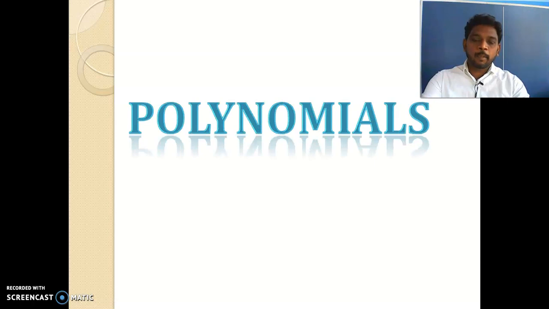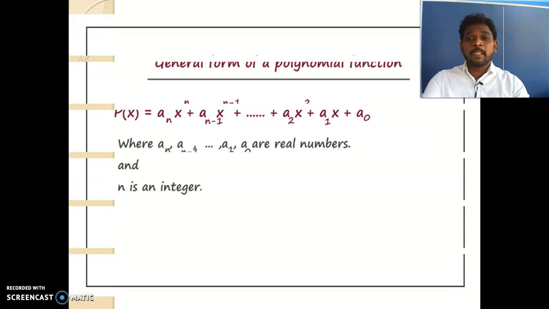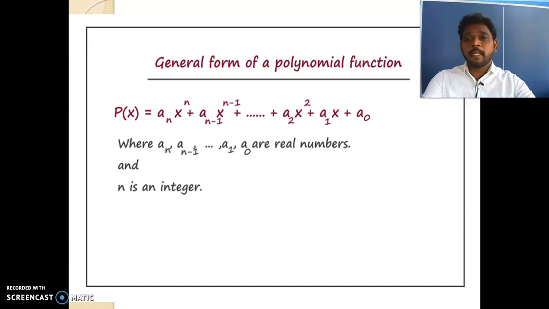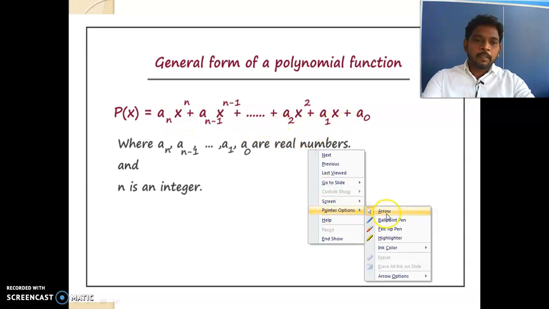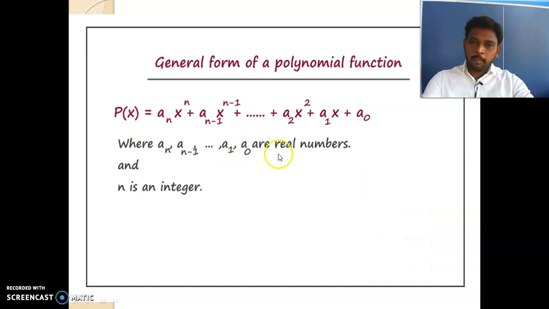So we are seeing the topic polynomials. In that, this is the general structure of the polynomial. Here a_n, a_(n-1), a_2, a_1, a_0, everything are real numbers. What is a real number?